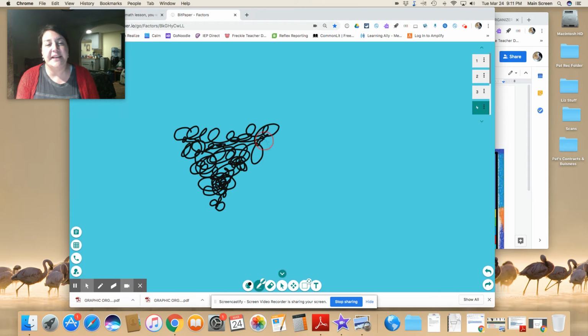Kids think of numbers as tornadoes, and no wonder things can get really crazy and confusing. But to me, every number is this neat tornado.